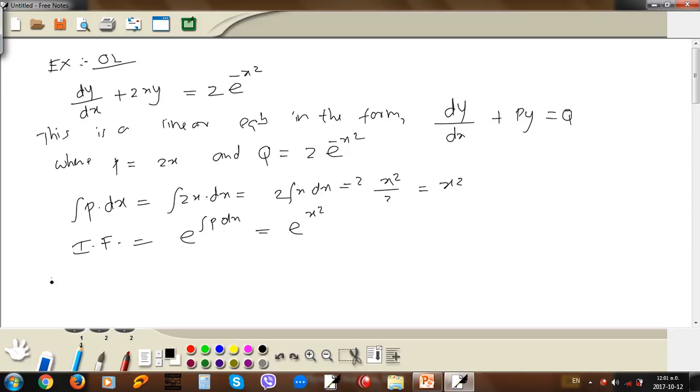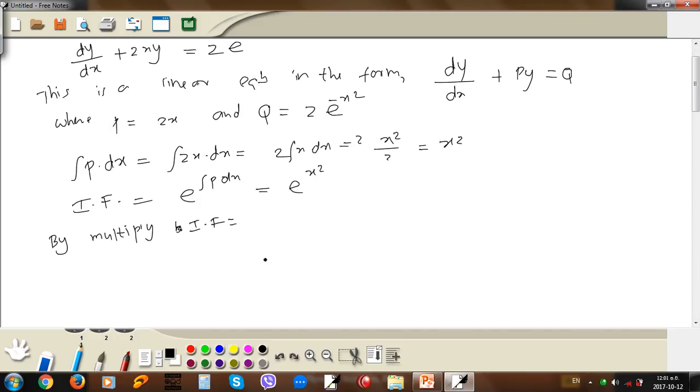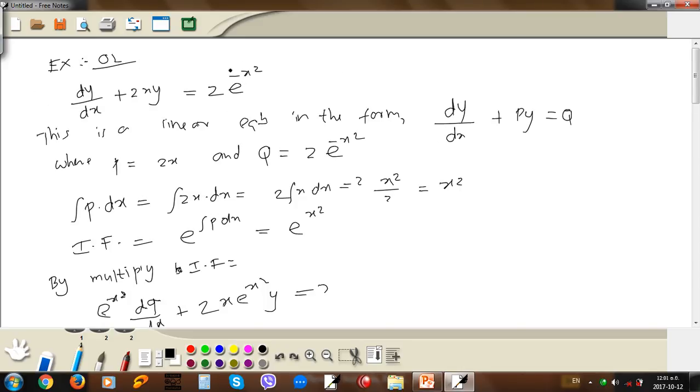Then what you have to do is multiply all by the integrating factor. So the equation becomes e^(x²) dy/dx + 2x e^(x²) y equals 2, since multiplying by e^(x²) leaves only 2.